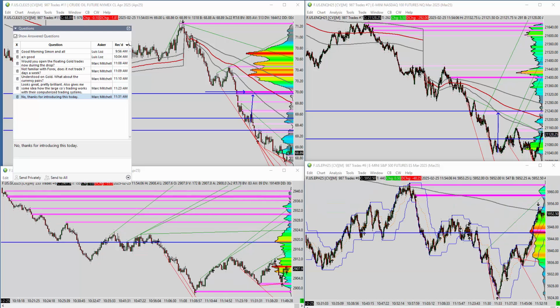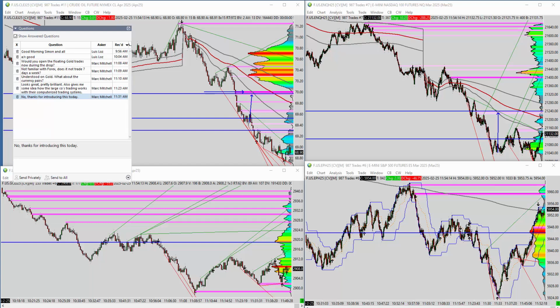The gold has certain characteristics, but only from 11 to close, or to 3 p.m. Eastern time, while the other three instruments on Forex have the same characteristics all day.